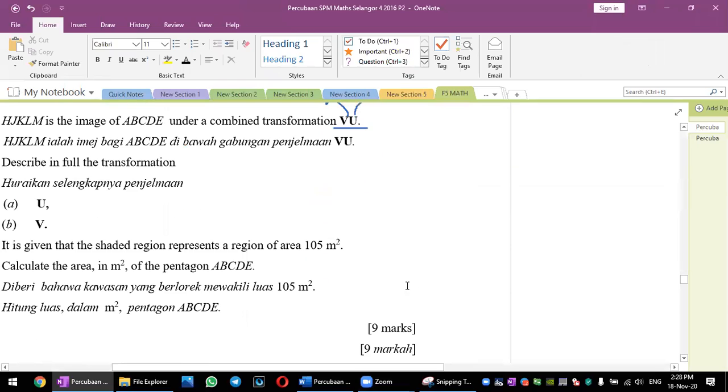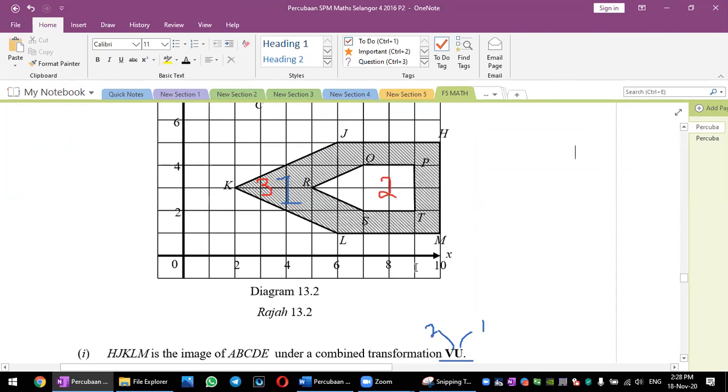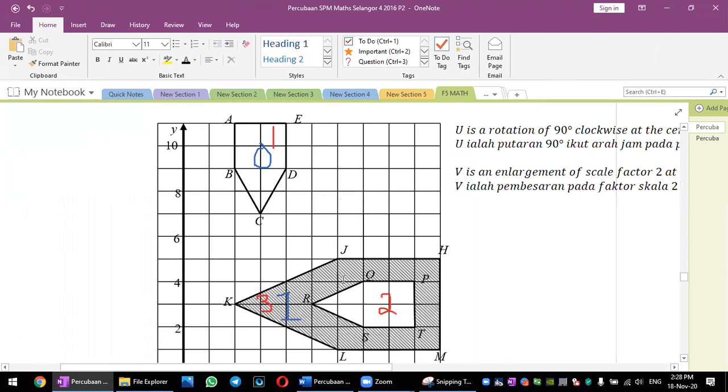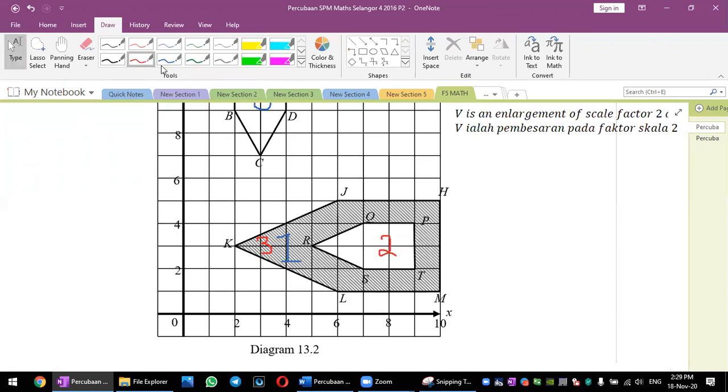Okay, next one. Let's see about the shaded region. They ask you to calculate the area of the pentagon ABCDE. It's given the shaded region is 105. Pentagon ABCDE is actually the object's area. So ABCDE sama dengan PQRST. And then they give you a shaded region of 105. Label dulu.